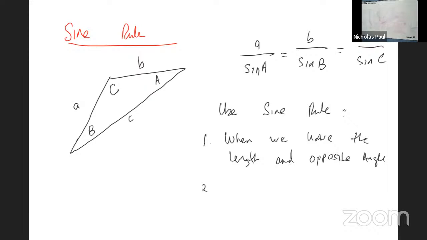That's the first condition. The second condition in which we use sine rule is when we have more.